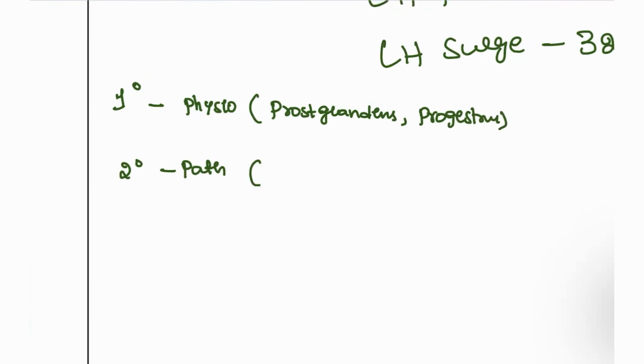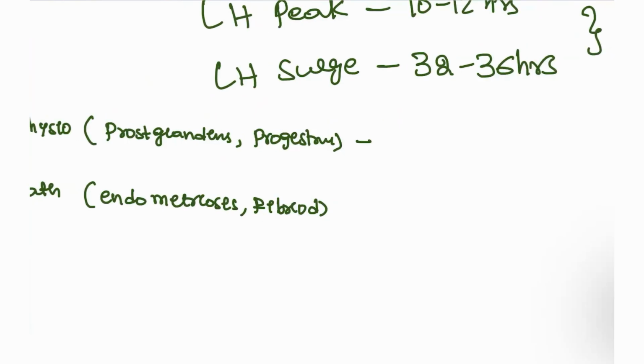Pathological is most commonly associated with endometriosis, or other than that, it can be fibroids also. This is the other cause. So the first patient we can treat with NSAIDs as the treatment of choice. And for the second patient, you have to treat the underlying cause. That's the first thing that you have to see.